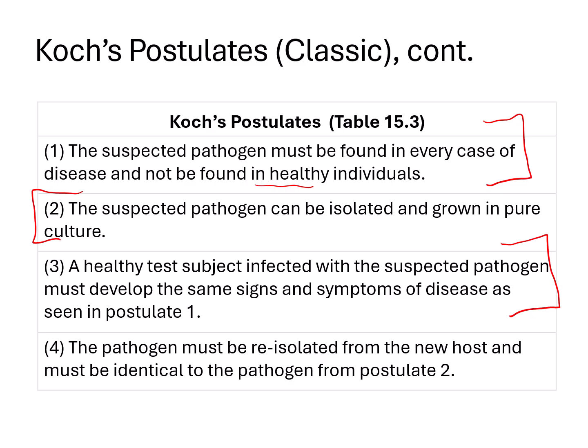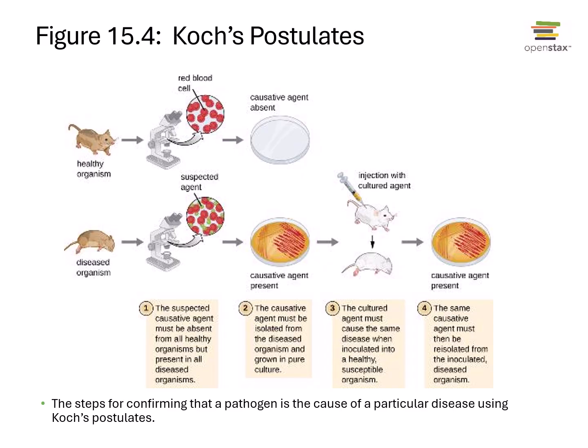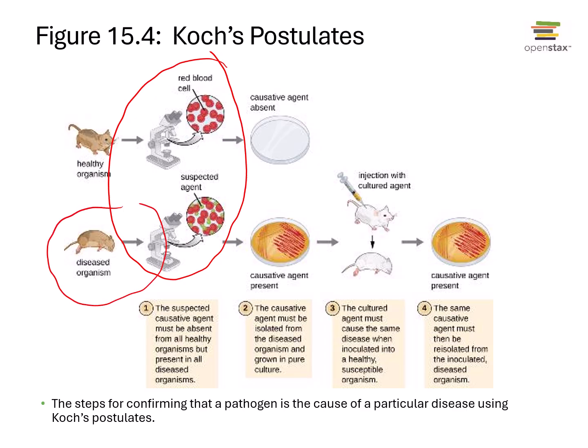So that means you're going to introduce the microbe into that healthy subject, and then they must get the same disease. And when you look at their blood or tissue sample, you have to be able to re-isolate that same pathogen. And here's a visual format of those postulates. So we have to have the suspected pathogen be found in the disease organisms, but not in the healthy individual.